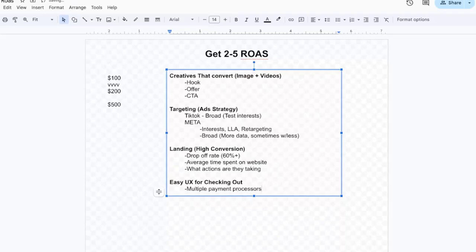I noticed that also helps increase my ROAS because there were times when I only had PayPal on my website and I added Stripe and I noticed that I added almost 30% plus more revenue and sales as a result. So, easy UX for checkout.